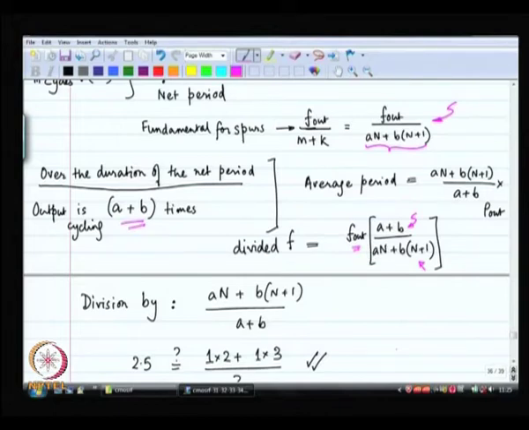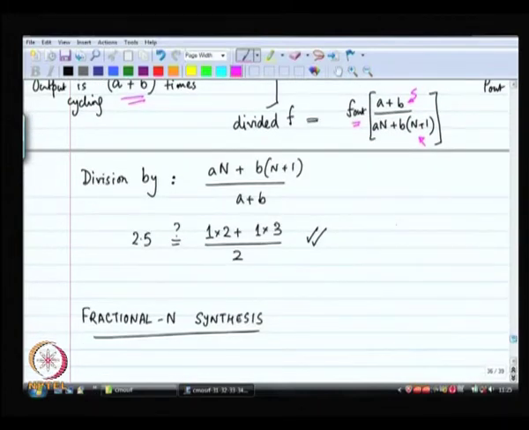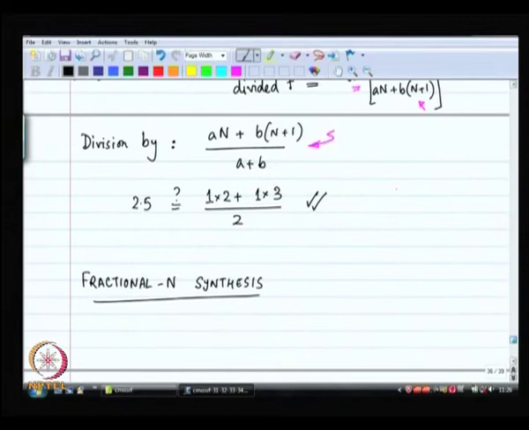So, this is my divided frequency, and therefore, I have achieved a division by this particular factor. This is what I have managed to do.